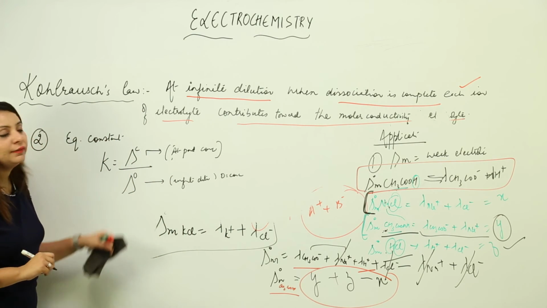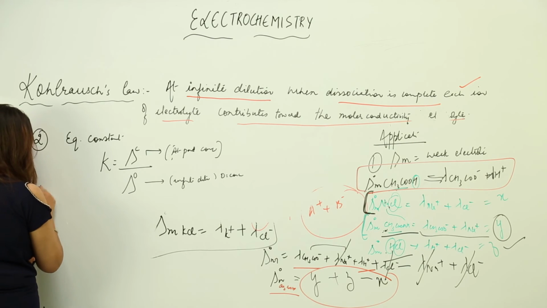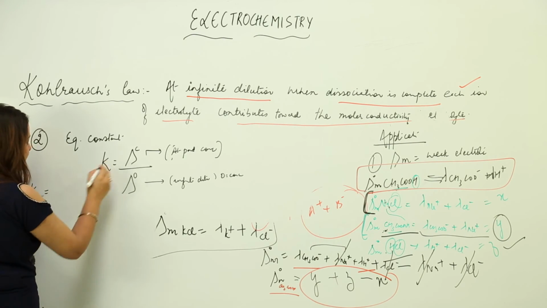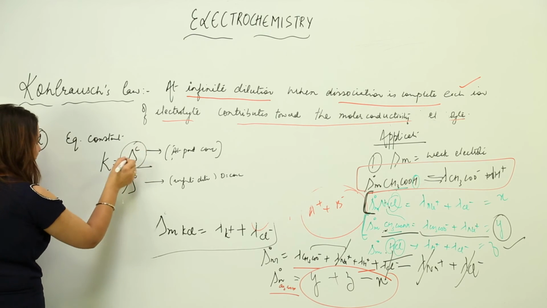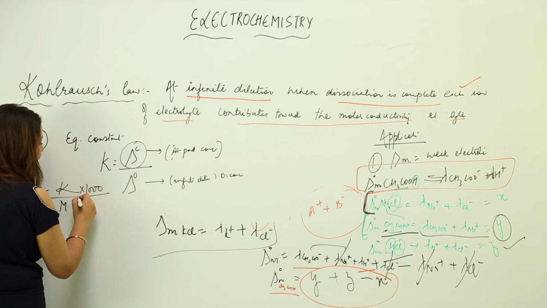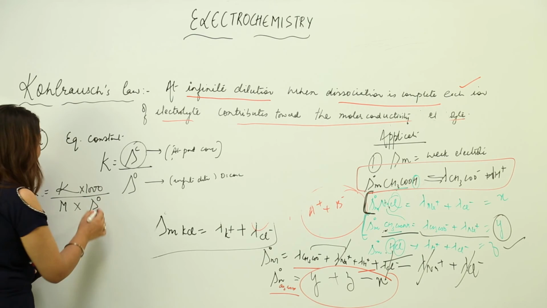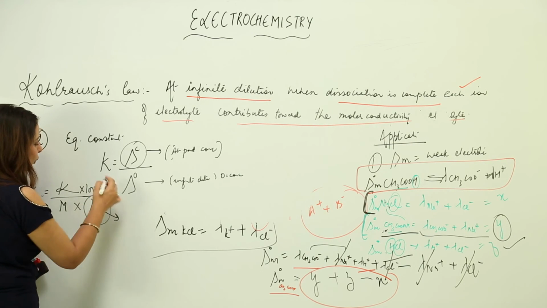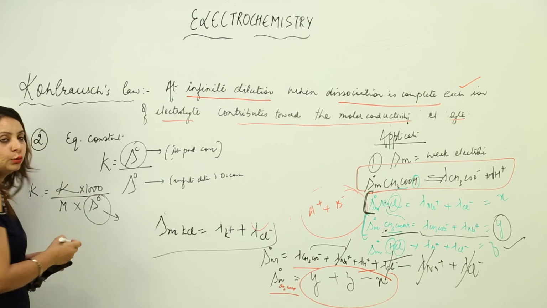So if we just put the values, what we get is the equilibrium constant is equal to, we are going to put this value, and what is this value? It is kappa upon M, and by converting the units for the volume, and we have this lambda naught, and we can find this lambda naught by the Kohlrausch law, and the rest you know how to find.